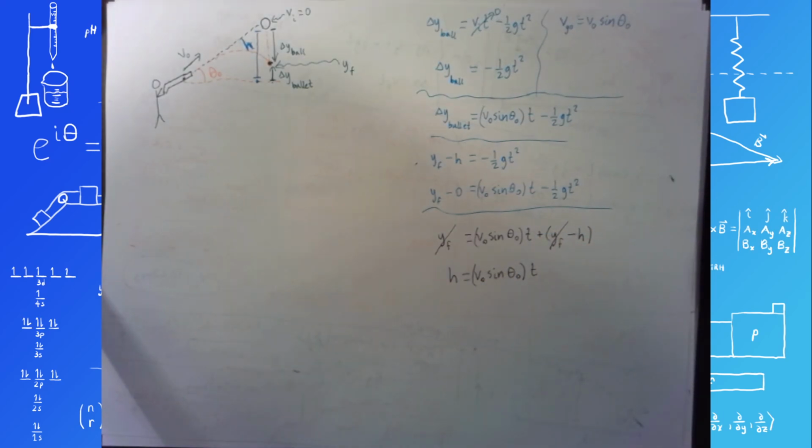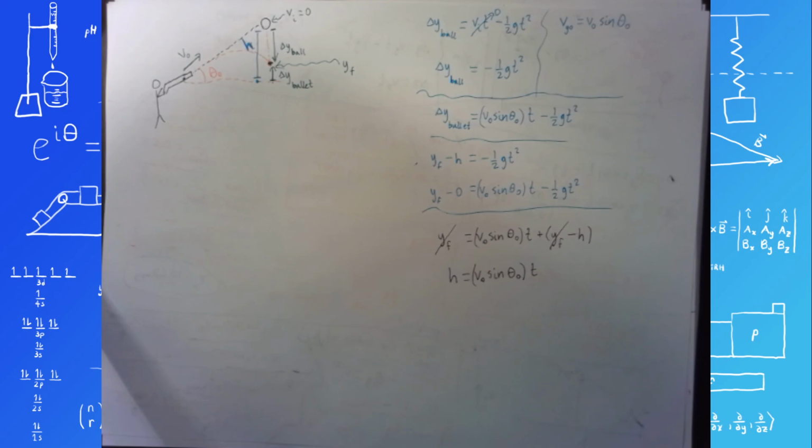Of course, here t, I should have commented on this earlier, t should be the same for both the ball and the bullet. The bullet was fired at the exact same time that the ball is released, so they should both have the same t's.